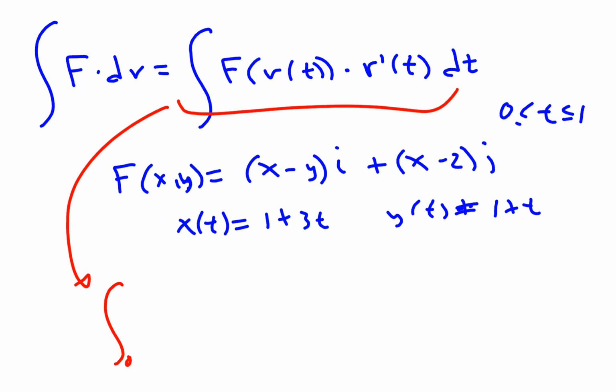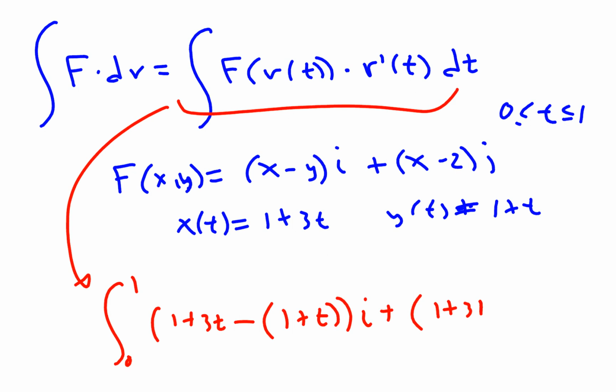Integral from 0 to 1, F of r(t) means wherever there is an x, we put 1 plus 3t, minus that y, 1 plus t, times i, plus x minus 2, so 1 plus 3t minus 2, times j. And then that whole thing is going to get dotted with r prime of t.